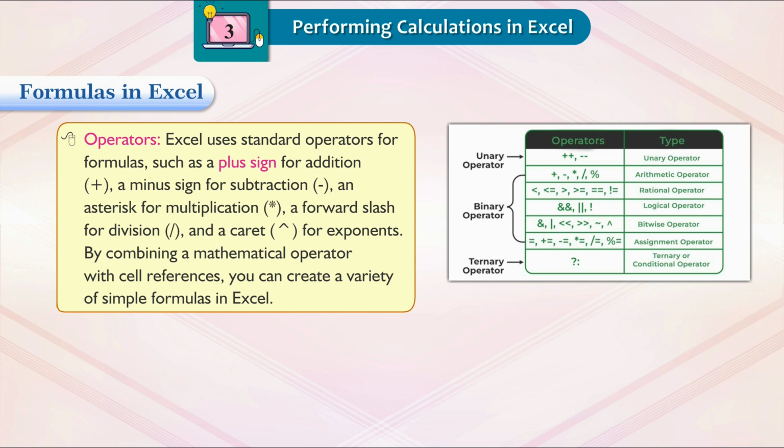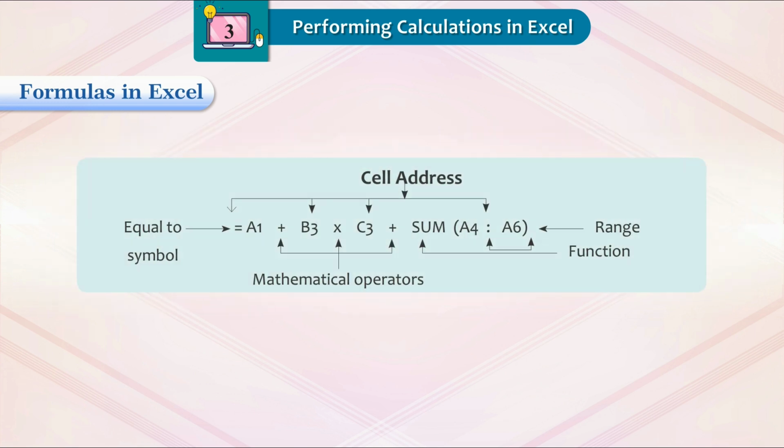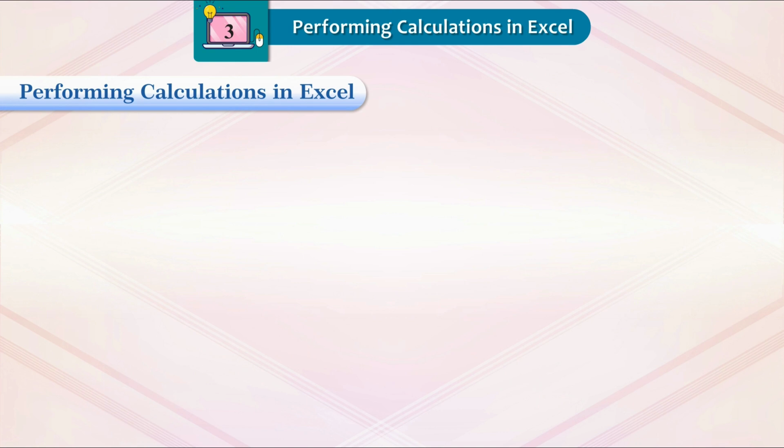By combining a mathematical operator with cell references, you can create a variety of simple formulas in Excel. Example: =A1+B3*C3+SUM(A4:A6), showing the cell address, equal to symbol, range, function and mathematical operators.